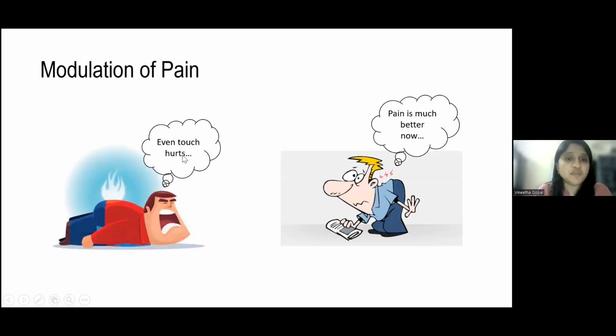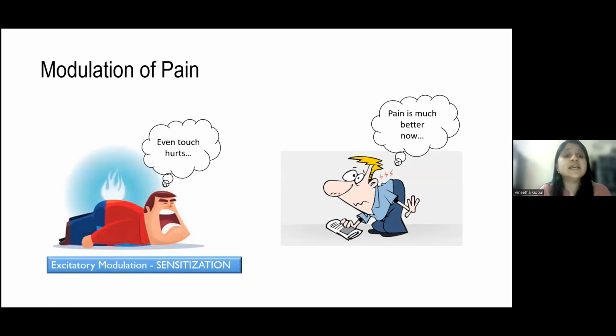something known as modulation of pain, and most of the time this happens when pain is left untreated or not properly treated for a long period of time. Even touch hurts, and this is known as excitatory modulation or sensitization.